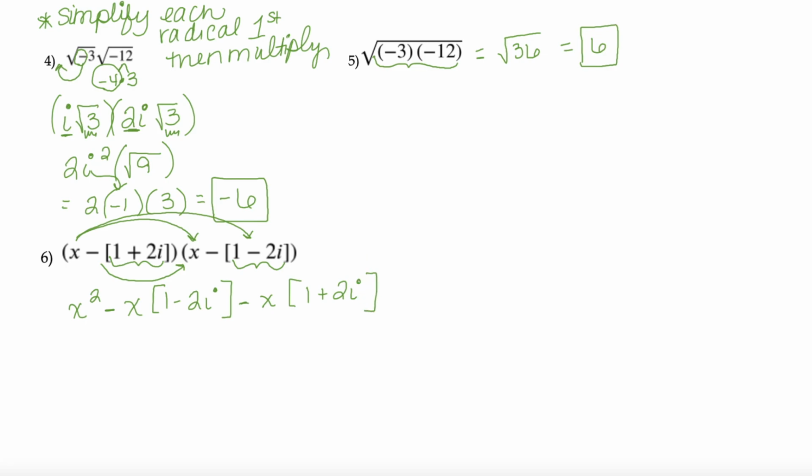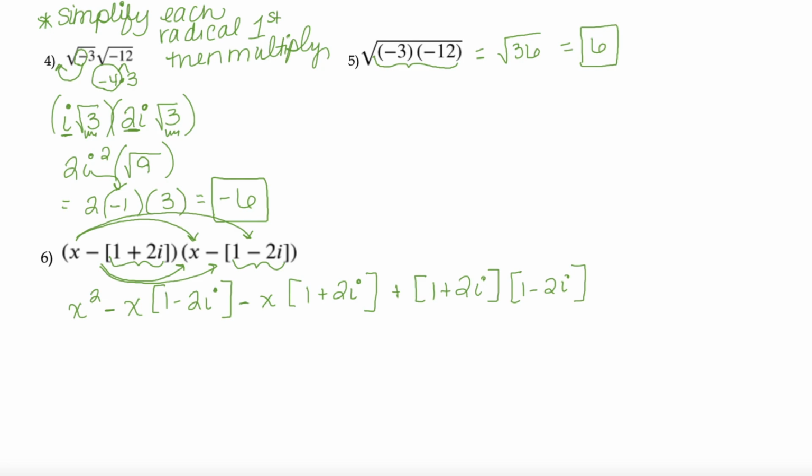Then finally, I'll have a negative times a negative, so I know that I'll have a positive, but I'll have 1 plus 2i times 1 minus 2i. And this will be easier to simplify doing it this way and then distributing one more time before trying to do a trinomial times a trinomial. Although you certainly could, you'll end up with the same result.